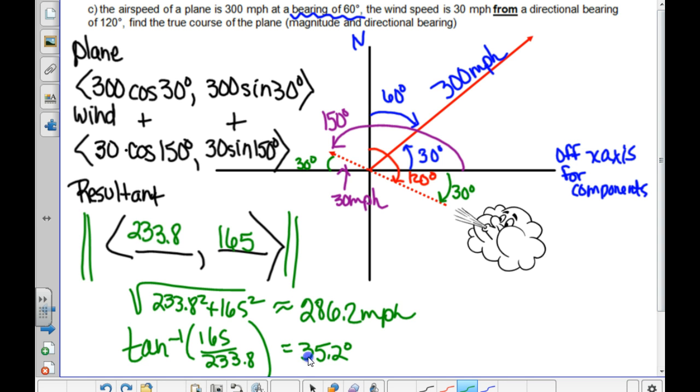Okay. What we just found is that the plane is actually going 35 degrees off of the x-axis. Whoops, and I drew it too long. And it's only getting 286 miles per hour.